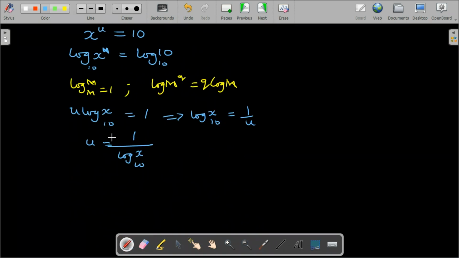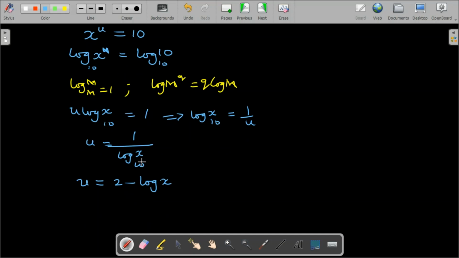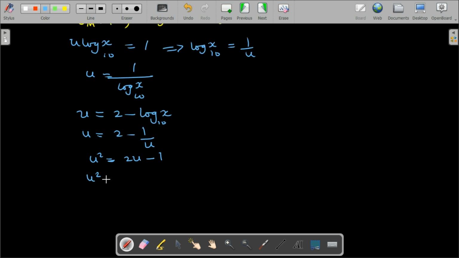So we could replace logarithm of x with 1 over u, such that we now have u equals 2 minus 1 over u, with the logarithm still to base 10. We multiply through by u, and we have u squared equals 2u minus 1. Tidying this up, we write u squared minus 2u plus 1 equals 0.